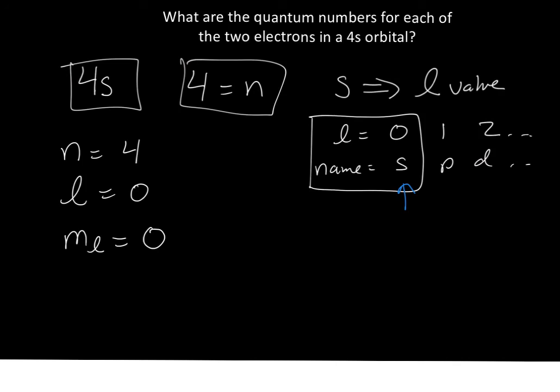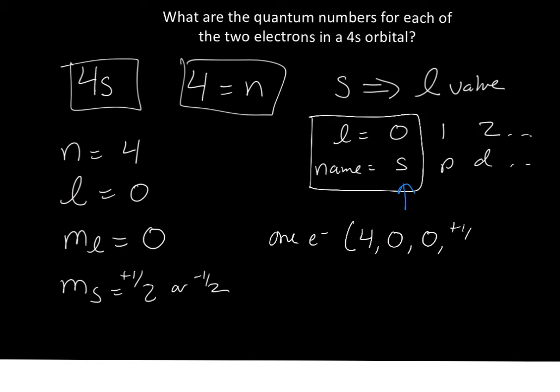And then I've got 2 electrons. One's going to be spinning clockwise, one's going to be spinning counterclockwise. I know m sub s can equal plus 1/2 or minus 1/2. So 1 electron will have the quantum numbers, and I'm going to put them in order: the n value first, so it'll be 4, 0 for the L, 0, and then plus 1/2.